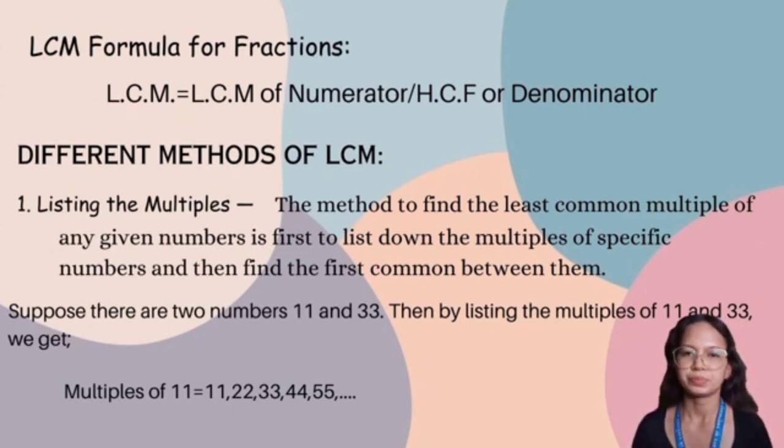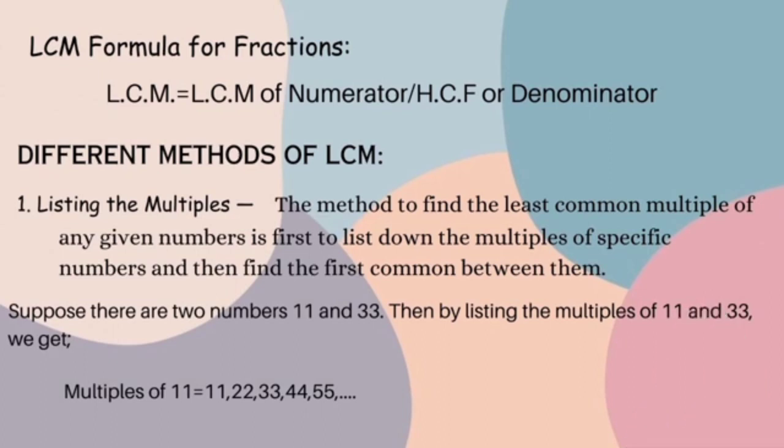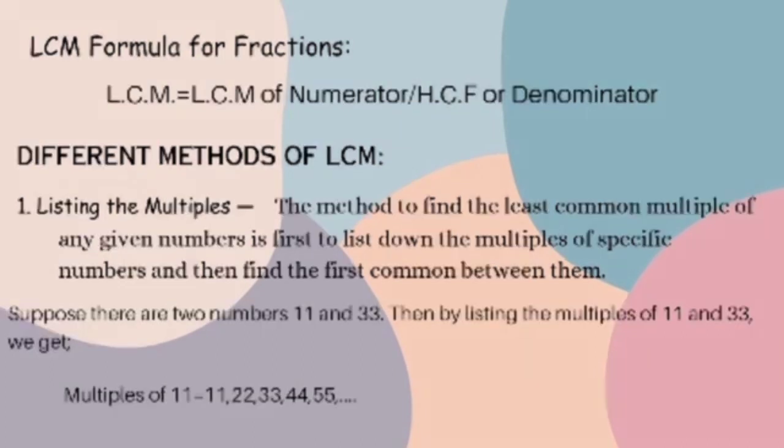These are important methods by which we can find the LCM of two or more numbers. First is listing. To find the least common multiple of given numbers, first list down the multiples of the specific numbers and then find the first common multiple between them. For example, suppose there are two numbers 11 and 33. By listing the multiples, the multiples of 11 are 11, 22, 33, 44, 55, and so on.